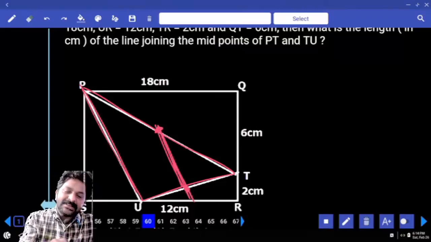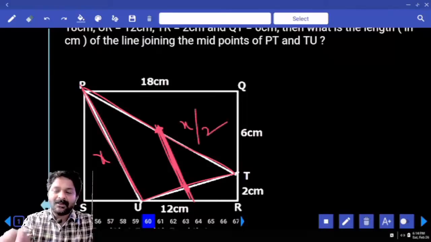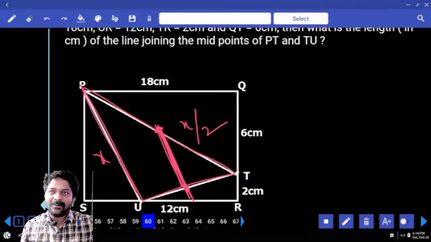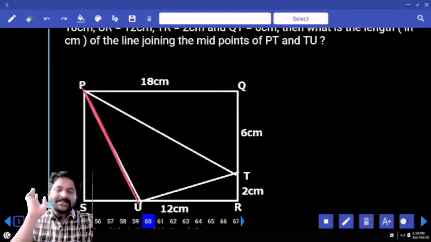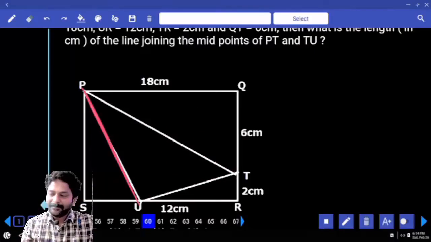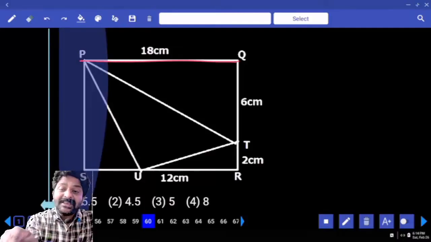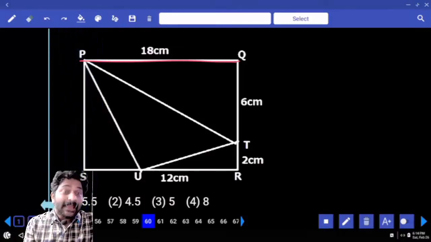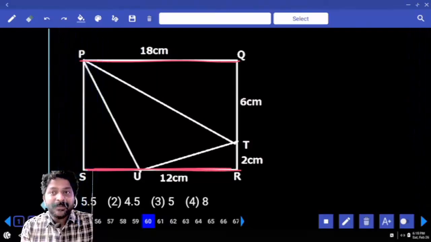If PU is equal to X, the line joining the midpoints must be equal to half of that, which is X by 2, correct? So now we need to know how much PU is. If you know this, you are done with the answer, correct? Now, PQRS is a rectangle, they said. PQ is equal to 18. Then SR also must be equal to 18 only.